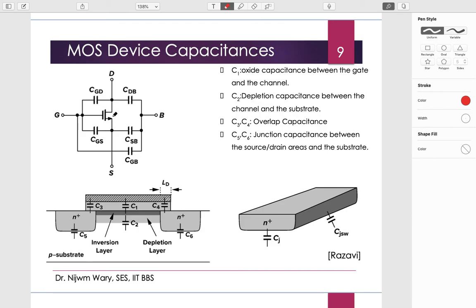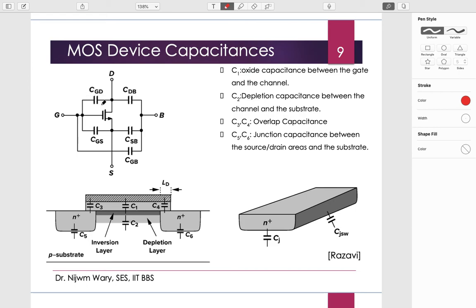You see, people are going for higher technology nodes: 90 nanometer, 65 nanometer, 16 nanometer, 7 nanometer. Why are we going for very small devices? The reason is to reduce these capacitances, because they are associated with the geometry.